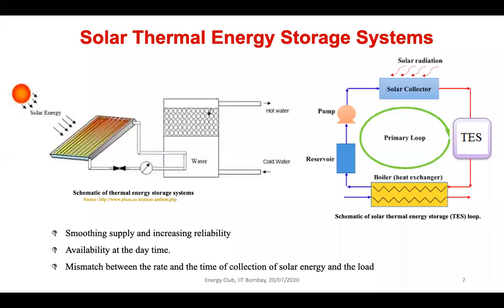So basically, thermal energy storage is smoothing the supply, as well as bridging the gap between demand and supply. So that's why we can use this type of energy storage.